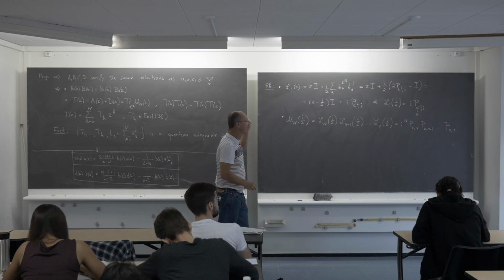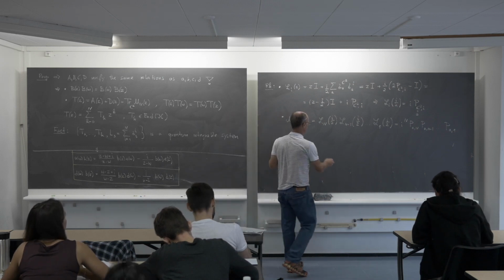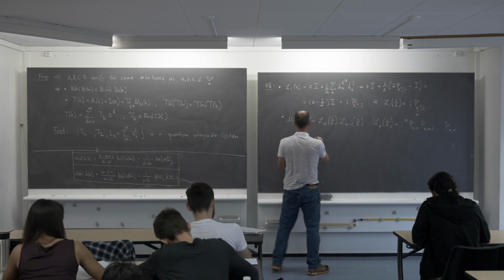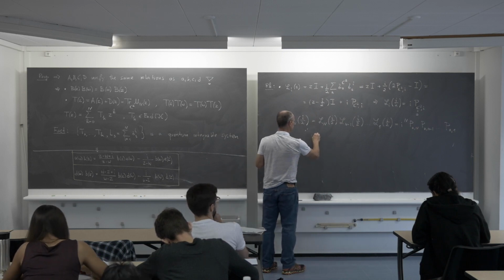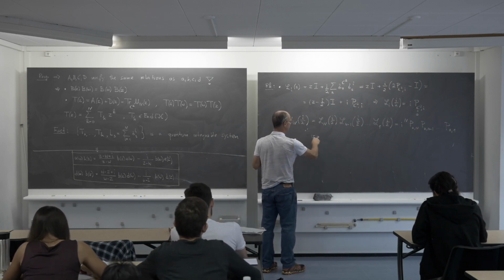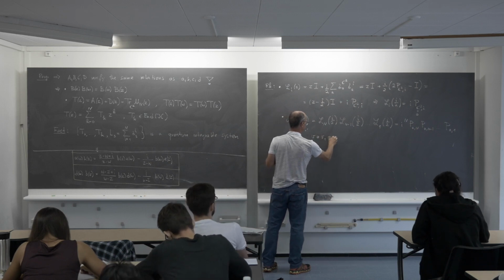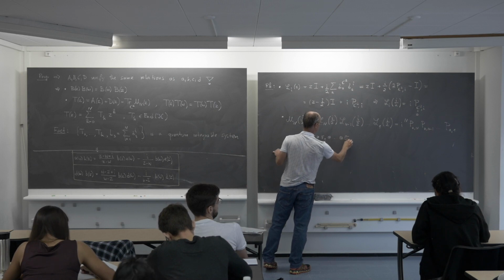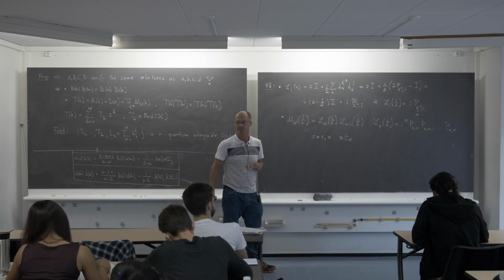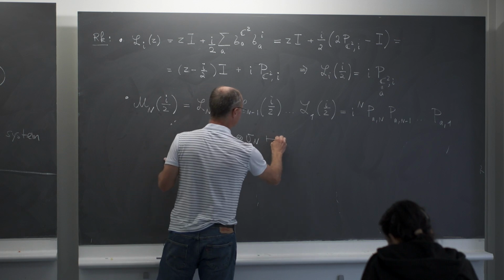So let's see how it acts on a typical vector. Let's say we have a vector which is equal to v in the auxiliary space, times v_1 in the first one, and so on, times v_n in the n-th space. So what's going to happen?